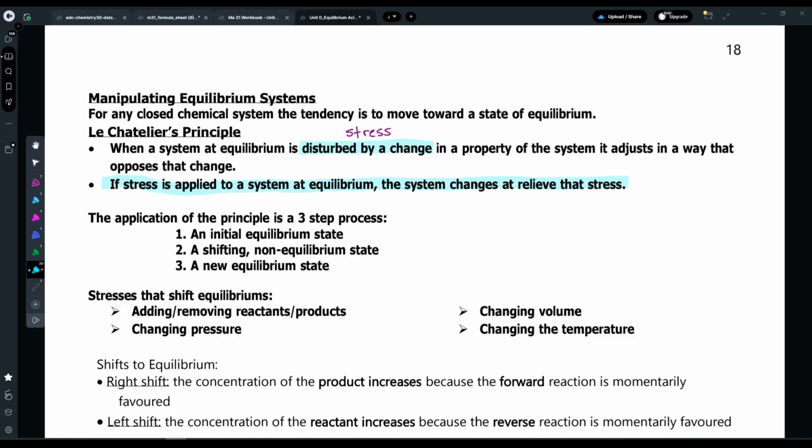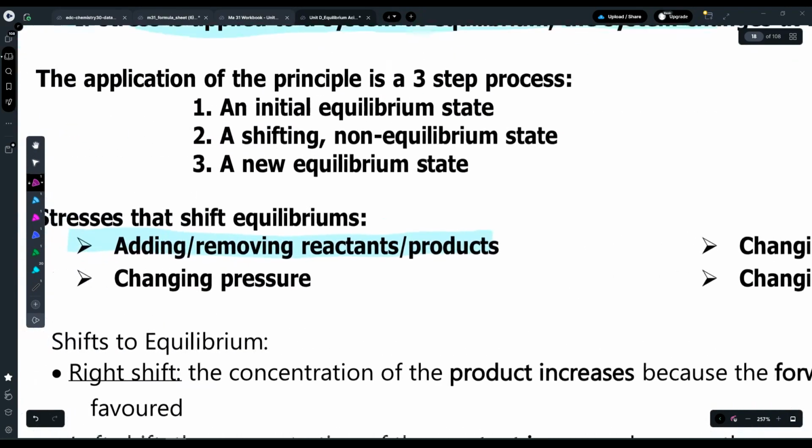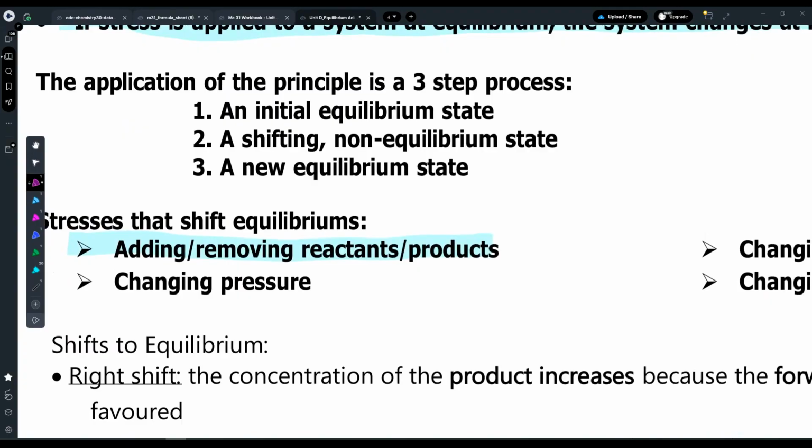Now, the stresses that cause shifts in equilibrium are the following. Adding or removing reactants or products, which just involves changing concentrations.